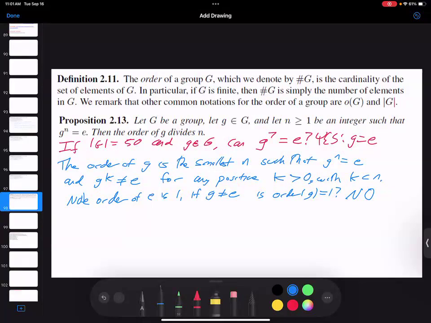Where did I get this proposition from? Did I just make this proposition up, or did you see this someplace? Where should you have seen this as you prepared for today's lecture? Textbook, right? Do you think this would be in the textbook if it's wrong? No. One would hope that a textbook like this would be carefully checked, and that if this was wrong, it would not have been published.